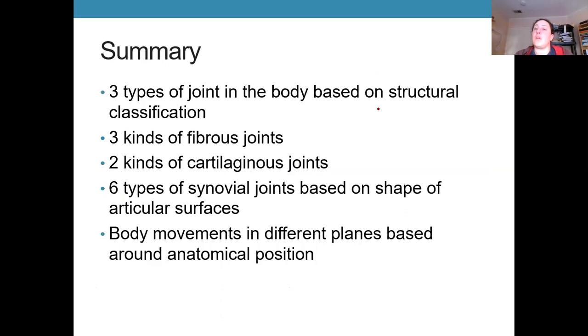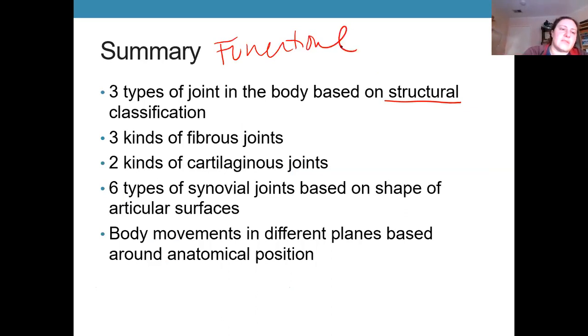Okay, so the point here was to look at structural as well as functional classifications of joints. When we look at structural classifications, we have 3 kinds of fibrous joints, 2 kinds of cartilaginous joints, and we have 6 types of synovial joints based on the shape of the bones at the joint surface.